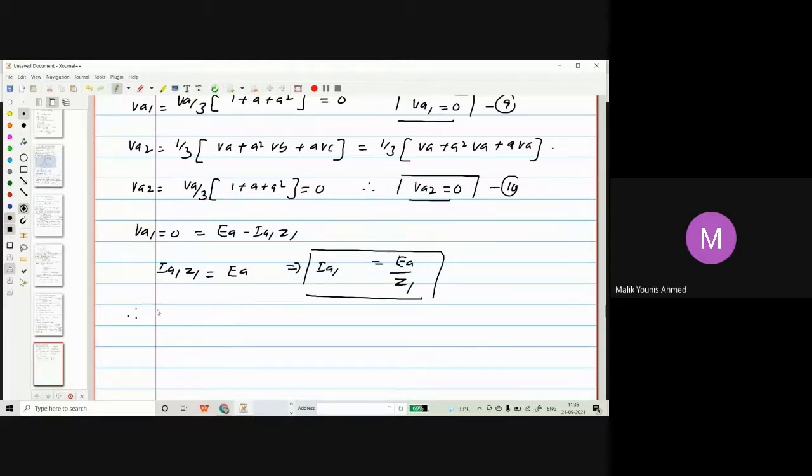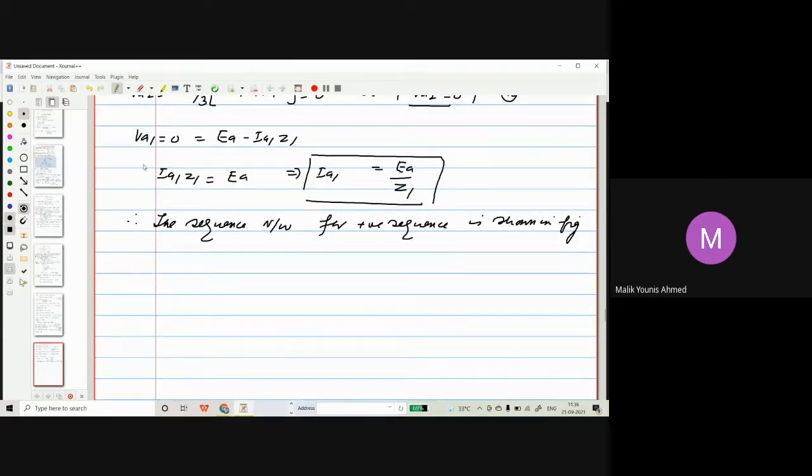Sequence network for positive sequence is shown in the figure. So we can draw it like this. Just a second.